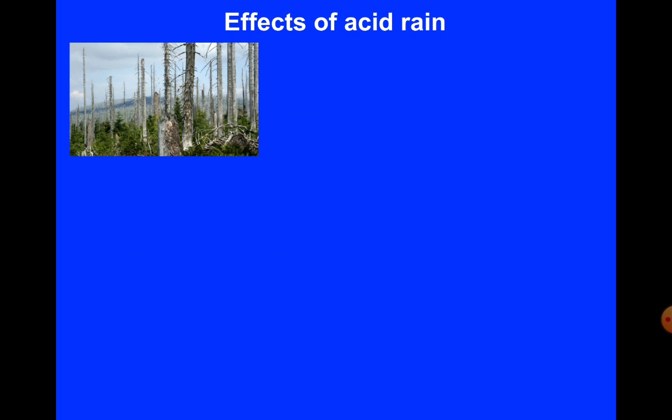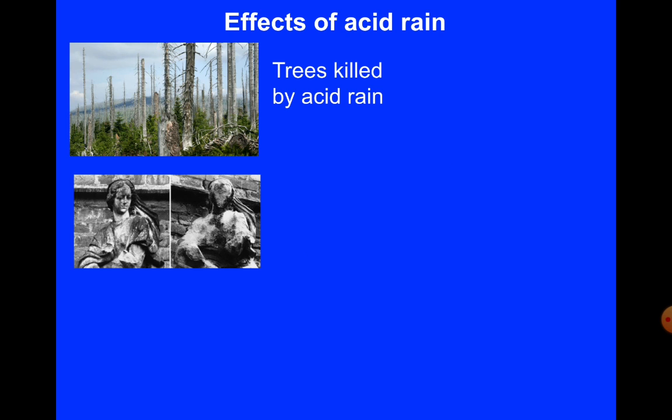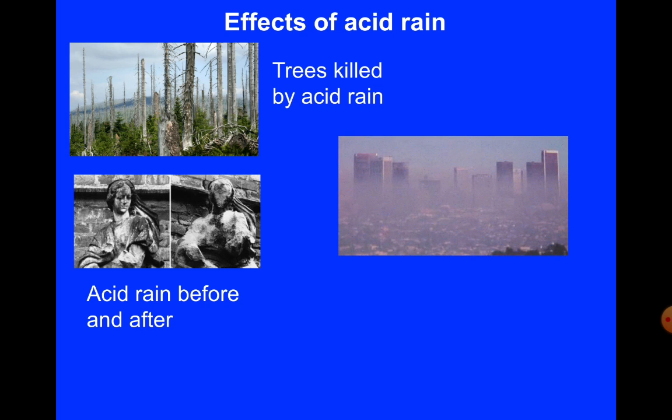These are typical pictures of where acid rain has been taking place. No leaves, trees are worn out. In the next picture you see two statues on the left side and on the right side. On the left side we see acid rain before and after, and then we have smog, which is mainly created by nitrogen oxide.